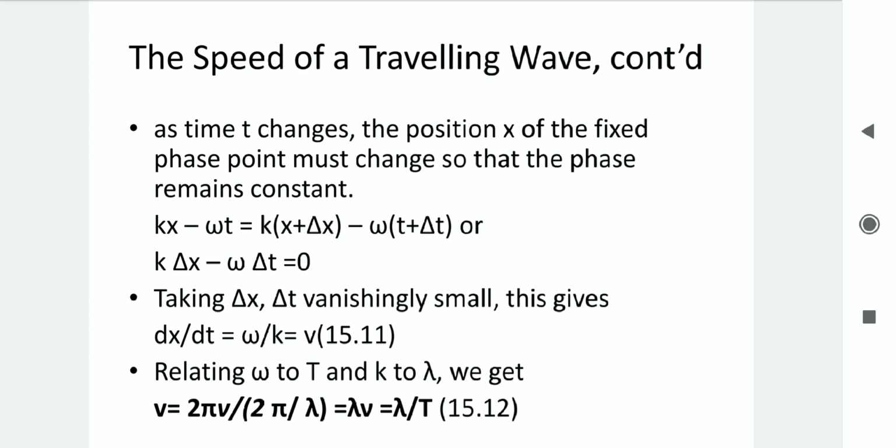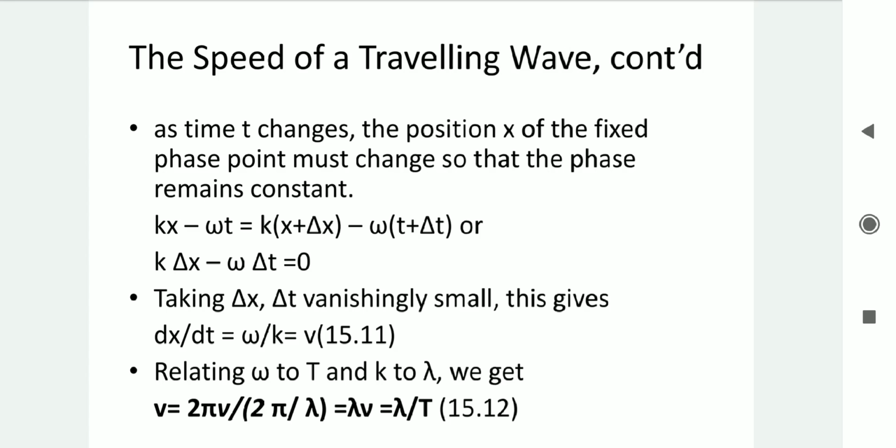Then it will be related with wavelength and frequency for this given speed. A medium can support both transverse and longitudinal waves. They will have different speeds in the same medium.